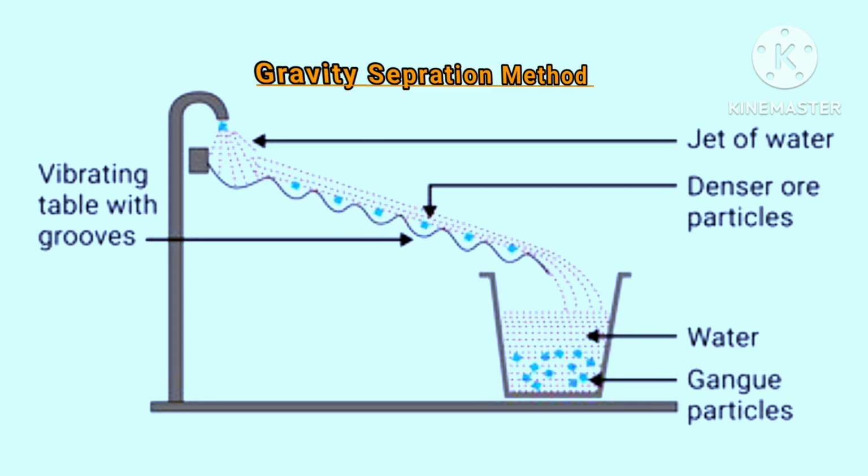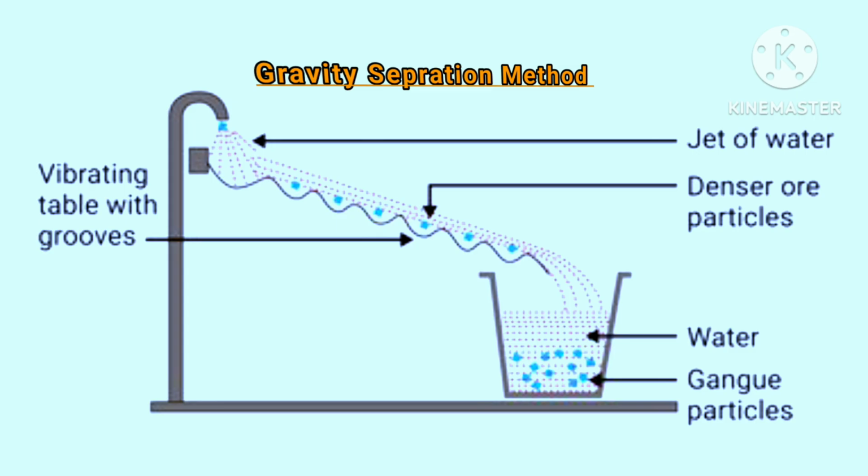When the fine powder of ore is placed on the sloping platform, due to the gravitational force, the ore particles are collected at the depression, while the lighter gangue particles are washed away with the running stream of water. That is what we are looking at in this diagram.